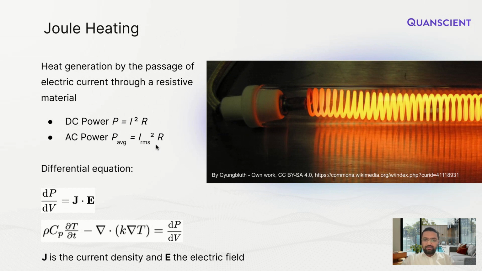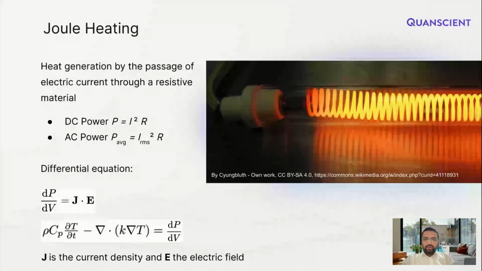When we want to simulate such a problem in 3D, if you have some kind of core element and you want to see the heating, in Quanscient we solve differential equations, mainly a partial differential equation for the temperature. In this case, the heating source is calculated from the electric current flowing, given by the current density J dot product with the electric field E, and that's what we solve here. So let's move to the demo directly.